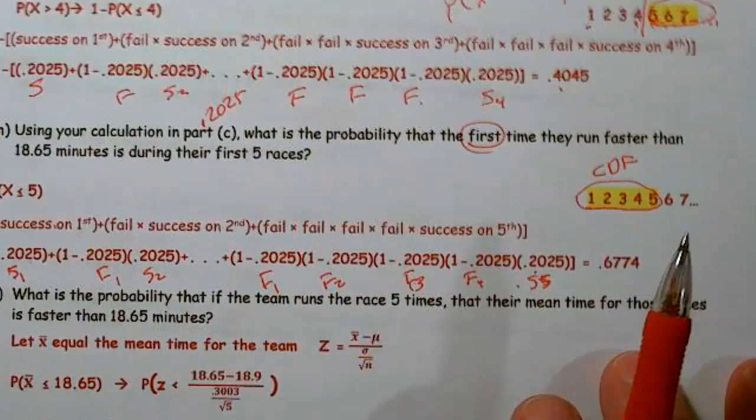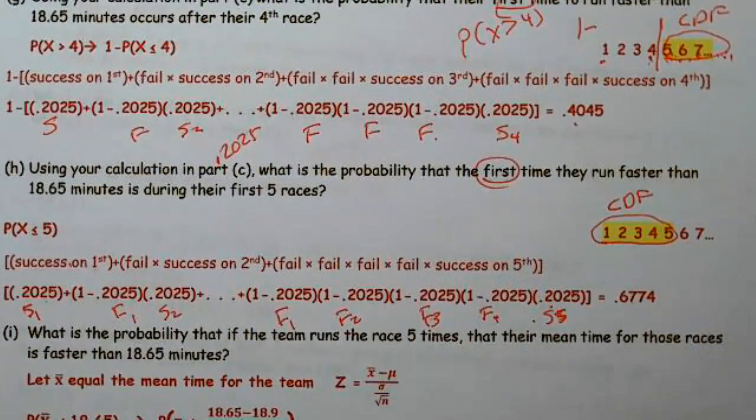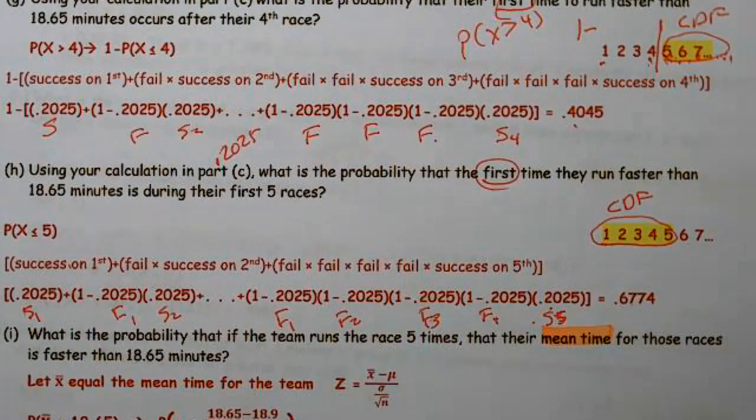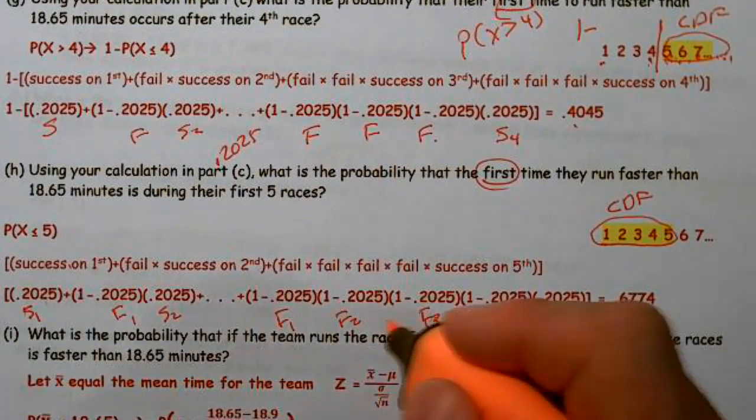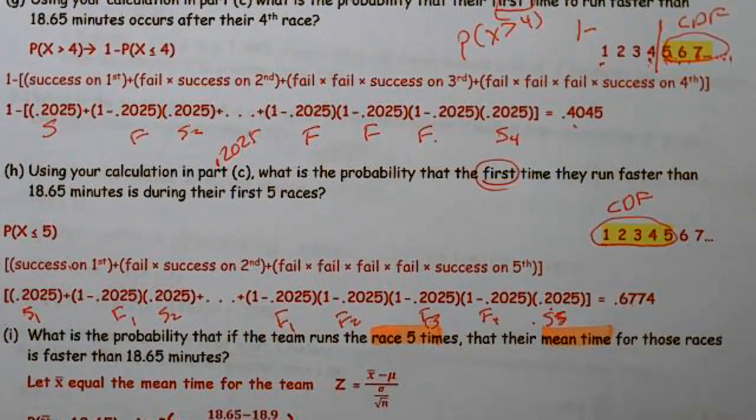Lastly, what is the probability that if the team runs the race 5 times, their mean time for those races is faster than 18.65? Wow, that's interesting. We're talking about a mean. As soon as you talk about a mean, I start thinking, oh, it's probably going to be normal.